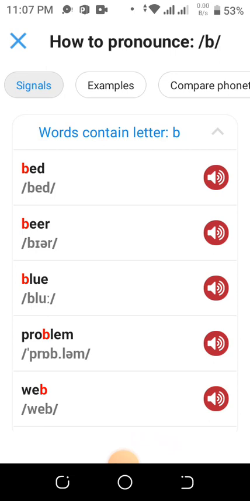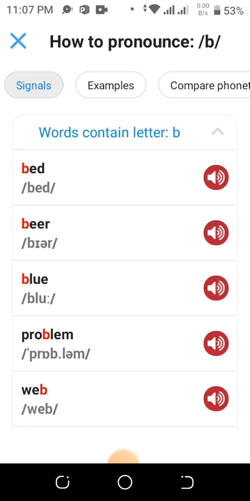First of all, we have the word bed, bed. Bear, bear. Beer, beer. Blue, blue.